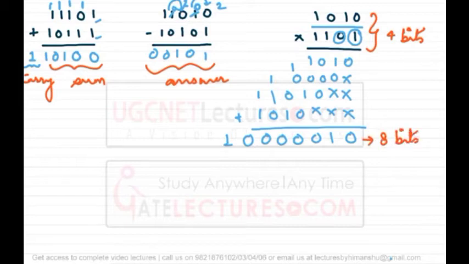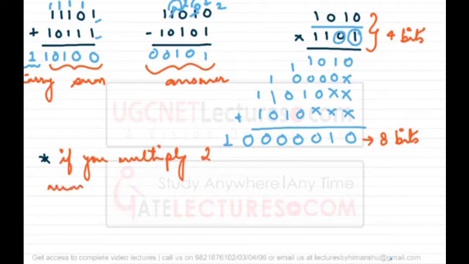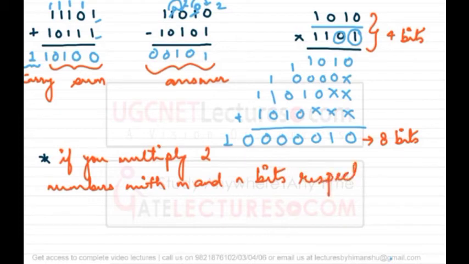So what can you note? What is a thing that you can note? If you multiply two numbers with m and n bits respectively, that is, if you are having two numbers to multiply, one having m bits and the other having n bits, then the result is going to have m plus n bits.